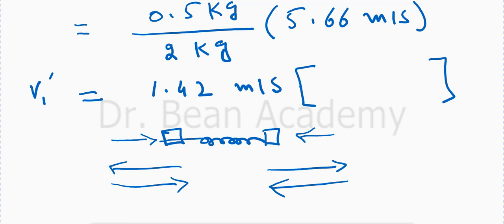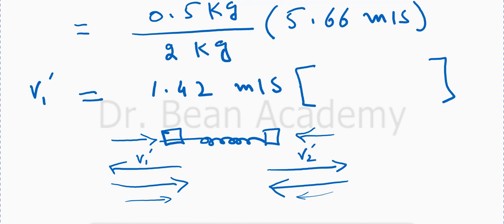In any case, or at any instant, suppose this is v2 prime and this is v1 prime, their directions are always opposite. Even when they are coming closer to each other, their directions are opposite.